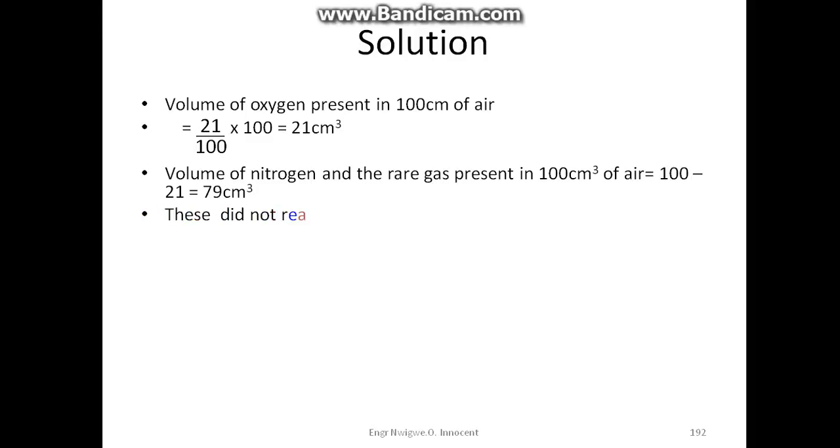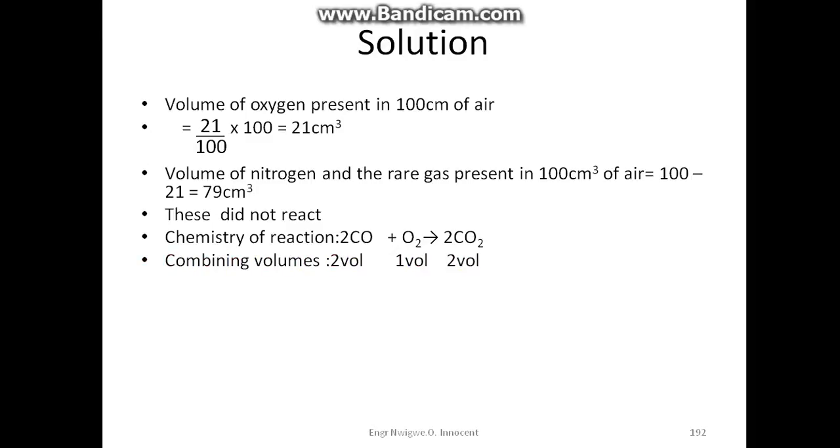These did not react. Chemistry of reaction. Carbon(II) oxide reacts with oxygen to give carbon(IV) oxide. Combining volumes, 2 volumes of carbon(II) oxide react with 1 volume of oxygen to give 2 volumes of carbon(IV) oxide.